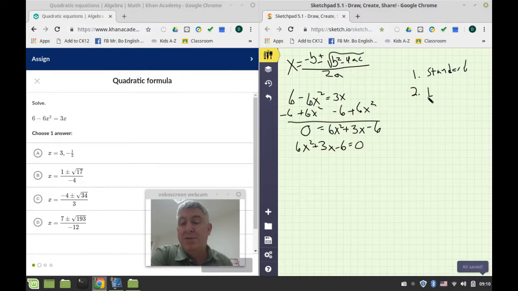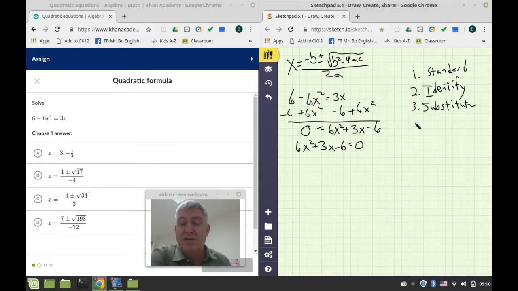Do you remember? Step 2 is identify A, B, and C. And do you remember step 3? Step 3 is substitute. Okay. So we moved it into standard form.